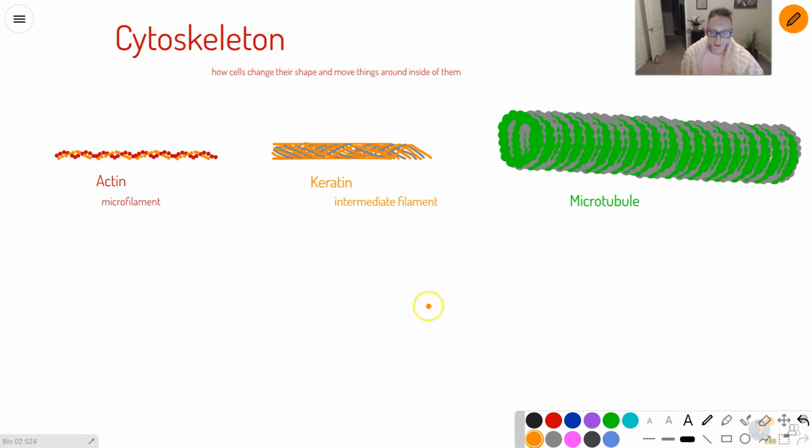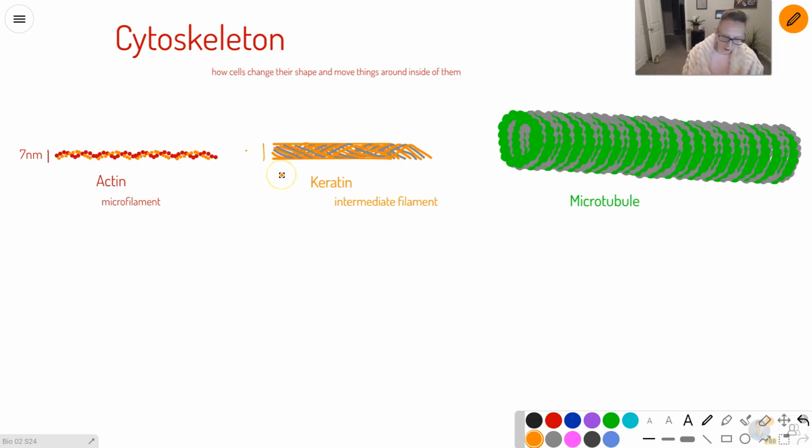All right, this one's a microfilament because it is the smallest in thickness. It's about 7 nanometers wide. A nanometer is 1,000 times smaller than a micrometer. A micrometer is kind of the cellular scale. Nanometers, we get to the protein scales.